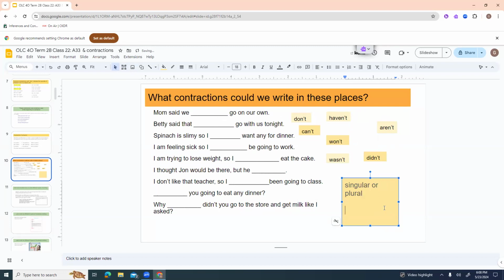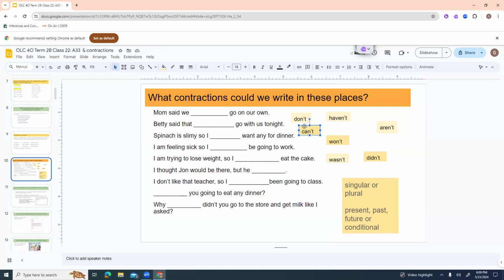And is it present, past, future, or conditional? Conditional will be things like would have, could have, that kind of stuff. So you've got to look at both those aspects when you're doing this. So we is a plural, right? Let me think. I'm not sure if don't will work there. We don't go on our own.